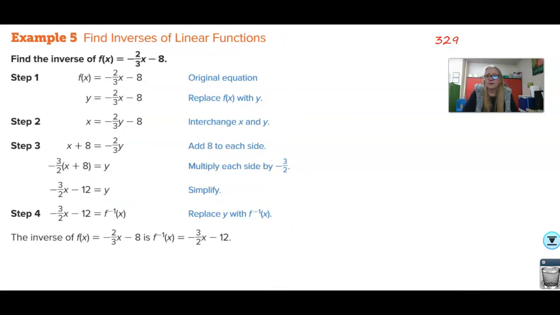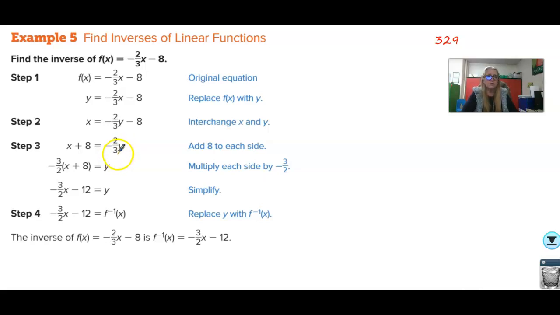All right, so here's another example. Find the inverse of this linear function. Okay, the first thing they do is they take the f of x out and they put the y in. Then they swap places with the x and the y. Then we solve for y. They added 8 to both sides to get rid of this 8. And then they're going to either multiply both sides by negative 3/2 or divide each side by negative 2/3.